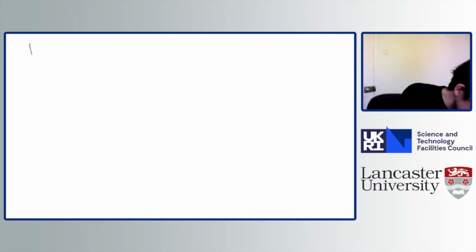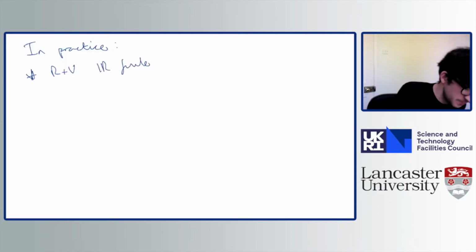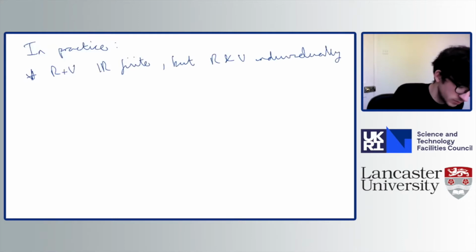So a bit about the practical stuff. So in practice, the real and virtual are infrared finite in the sum, so they don't blow up in that region. But clearly, as we've just seen for the real one, and certainly for the virtual one as well, individually, they aren't. You sort of saw a flavor of that a little bit earlier, where I started writing 1 over 0, which looks a bit odd.